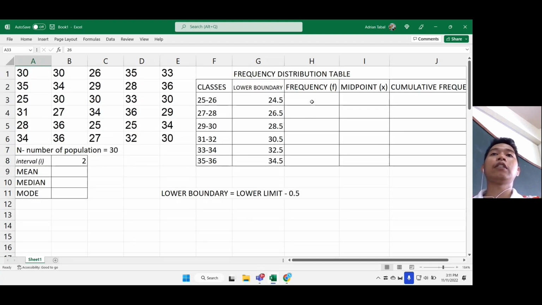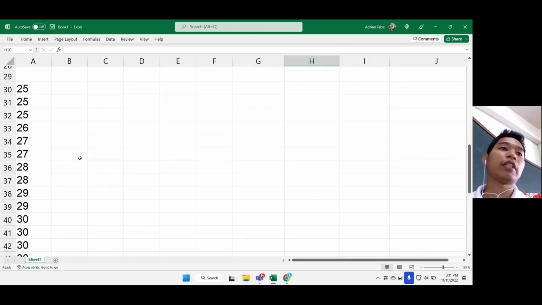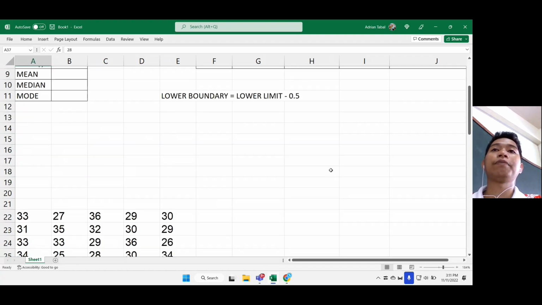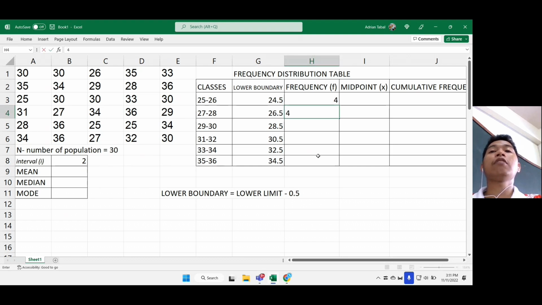We have 4 frequency numbers from 25 to 26. Next, from 27 to 28, 1, 2, 3, 4. Another 4. Again, you will just count the number of data under this class.